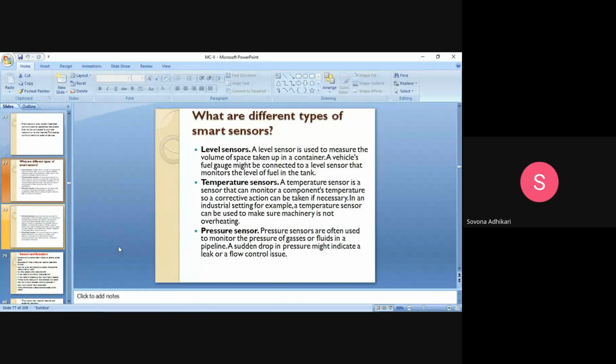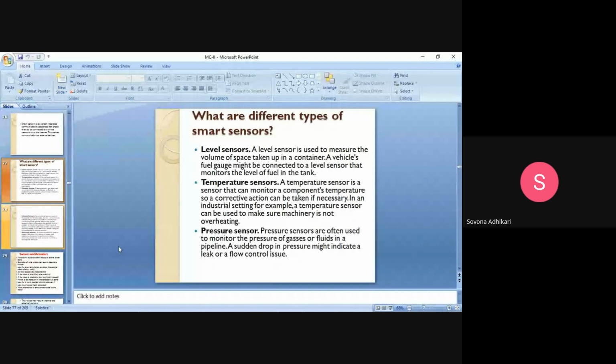When a machine is working, the temperature rises.